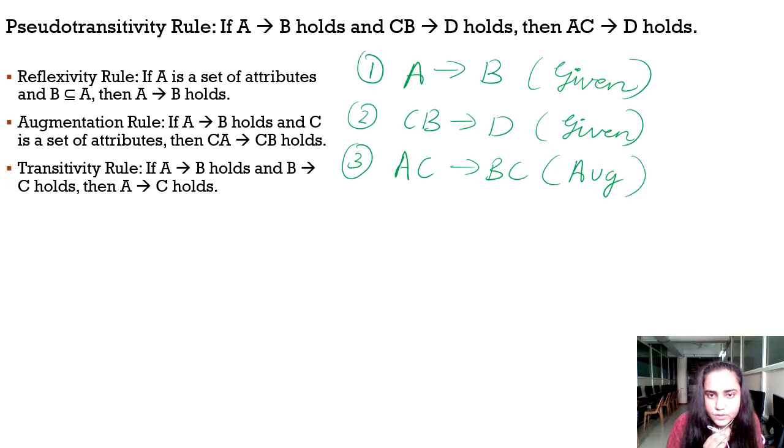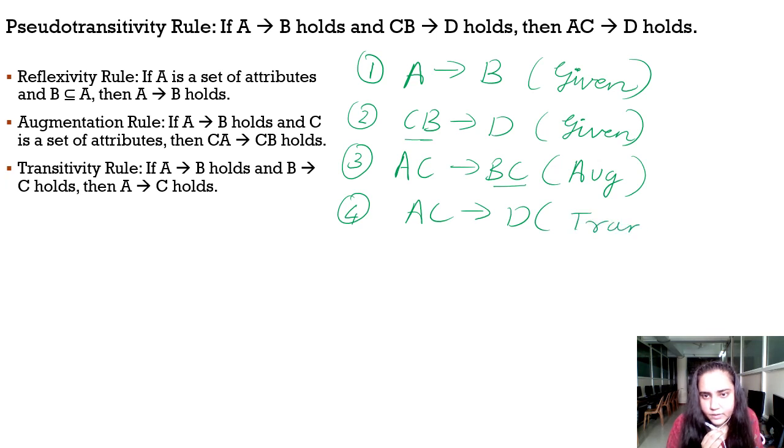And now using this, I can do a transitivity, which is quite clear. If you check 2 and 3, then here you have CB and here you have CB or BC. The order doesn't matter. So using that, you can say that AC determines D. So number 4 is simply AC determines D, and this is by applying the transitivity rule on 2 and 3.